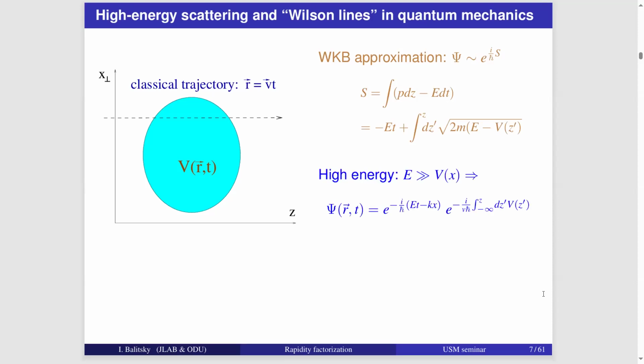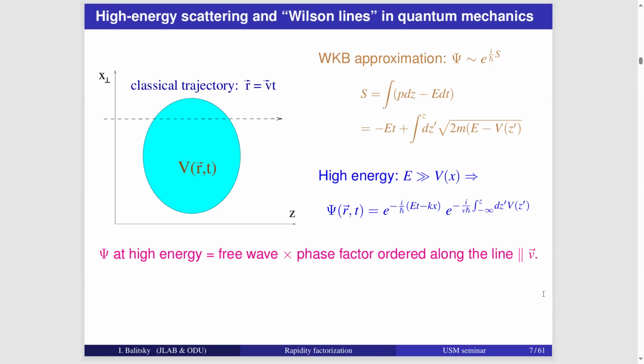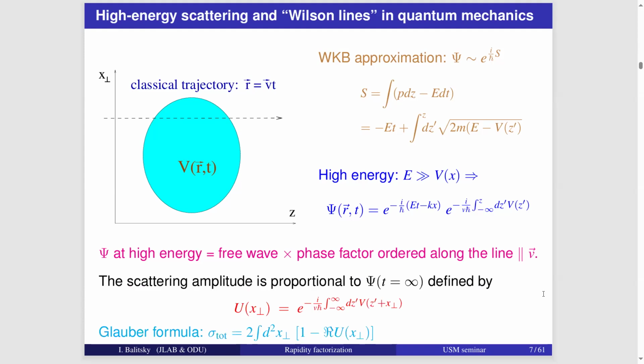If the energy is large, I can expand in terms of potential divided by energy, and then I get the following formula, which means that the wave function is a free wave function times a phase factor. So psi at high energy is a free wave times a phase factor ordered along the line of classical propagation. By the way, it leads to the famous Glauber formula for the total cross-section in quantum mechanics.